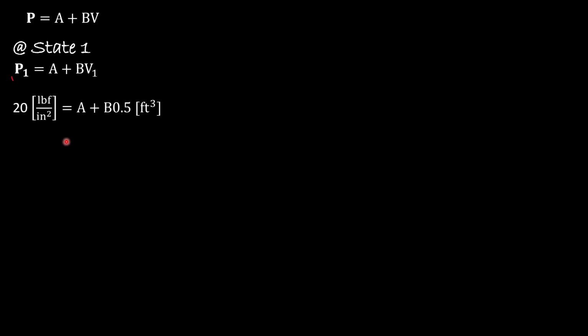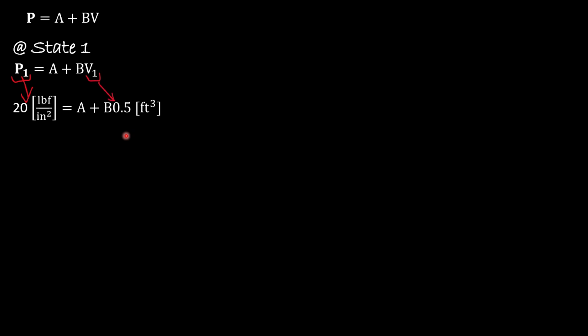So right here, what we want to do is find the A and the B value. So how will we do that? We said that at state 1, pressure 1 equal to A plus B times V1. So the pressure 1 is 20 pound force over inch squared, and that is equal to A plus B times 0.5 feet cube.